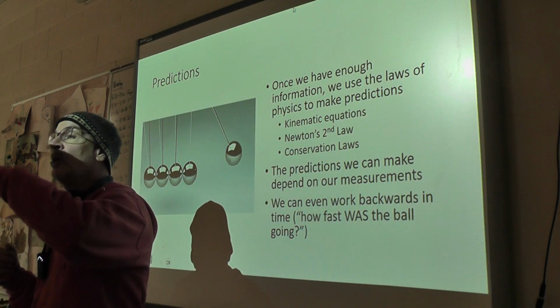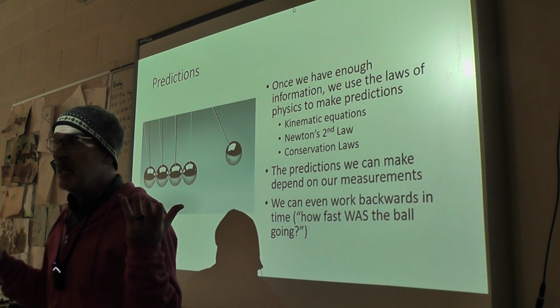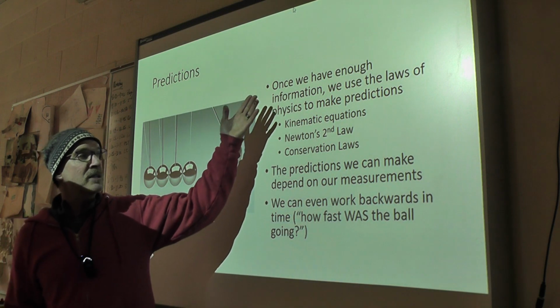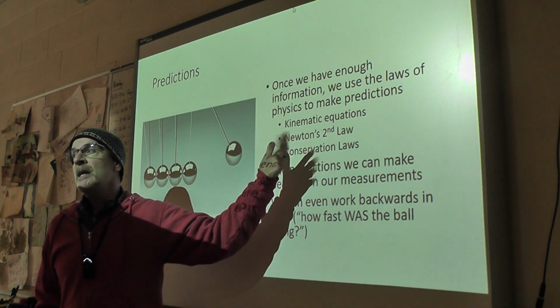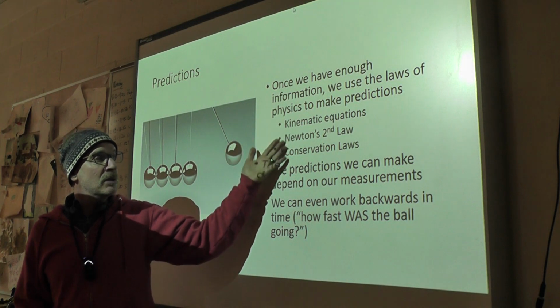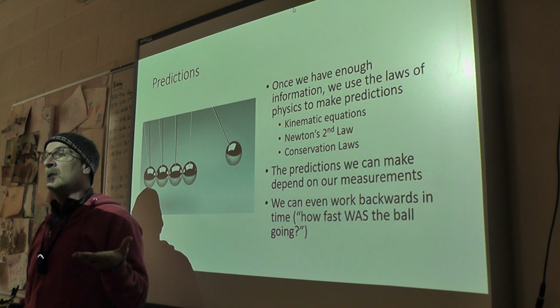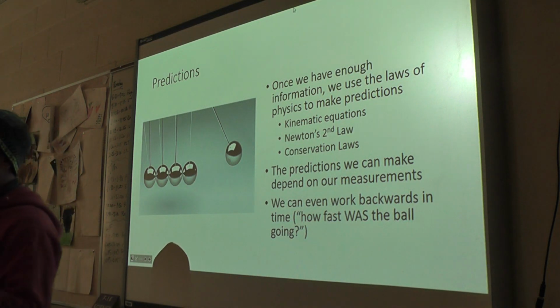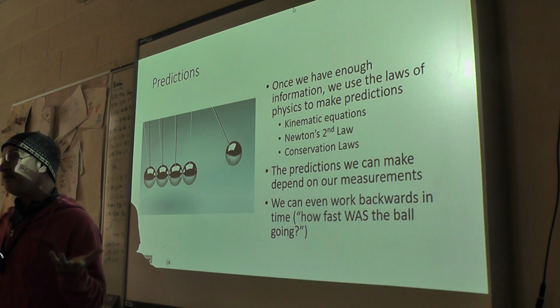How fast was this car going around the curve? All those kinds of questions can be answered through this process of making some measurements, applying some knowns and givens, and then using conservation laws and kinematic equations. We can largely figure out from evidence at a crash how quickly each vehicle was going.